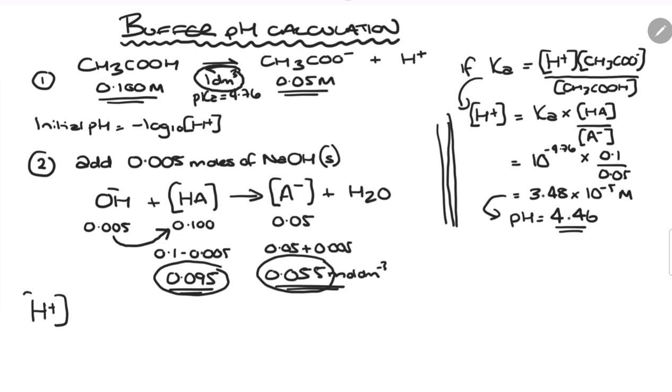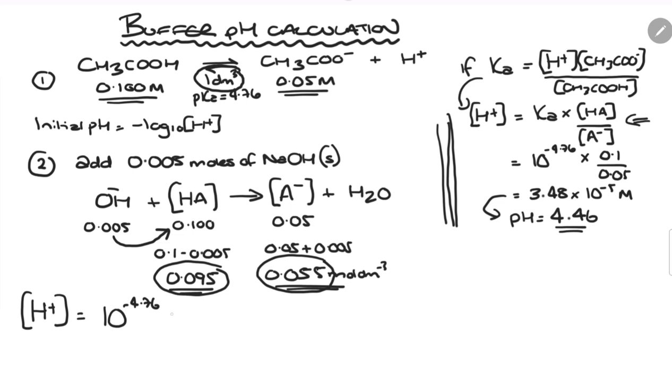We just do the calculation again, but this time with the new numbers. We know that Ka is 10 to the minus 4.76, so I'm using this equation here, Ka times HA divided by A minus.